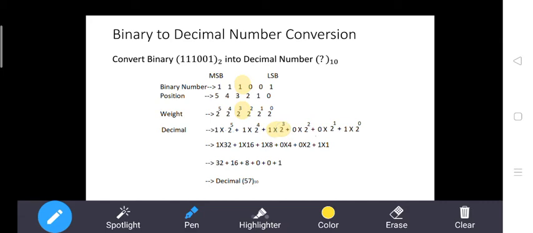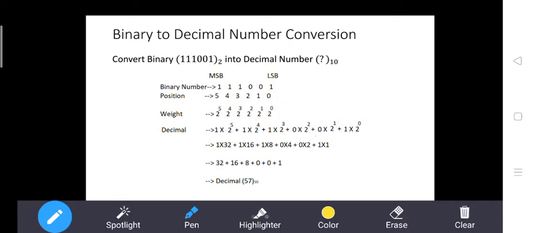Next, 0 into 2 raised to 2. Next, 0 into 2 raised to 1. Next, 1 into 2 raised to 0.